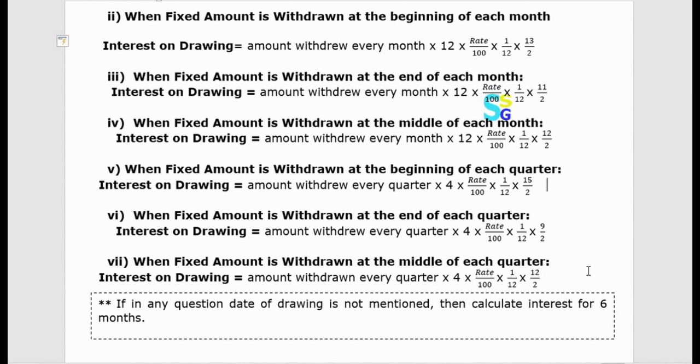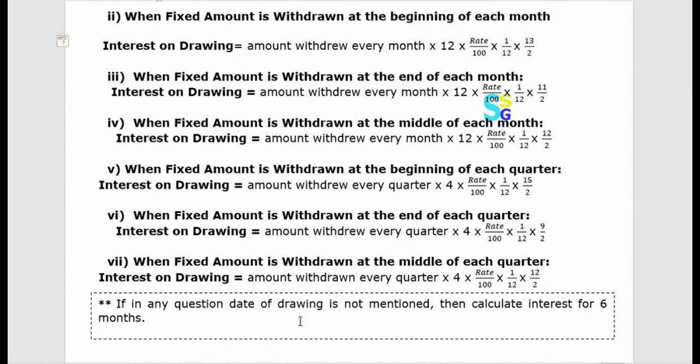Okay. Now, in the last class, someone asked me why, if in any question the date of drawing is not mentioned, then we calculate interest for 6 months.